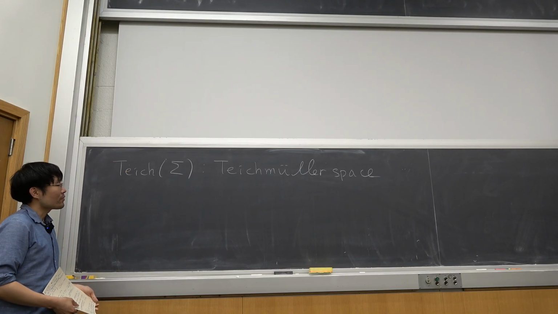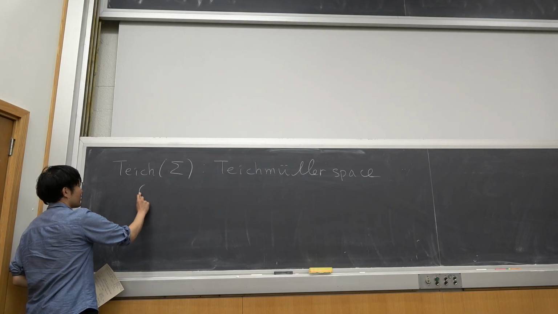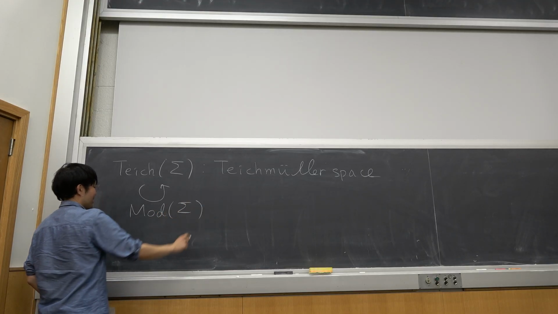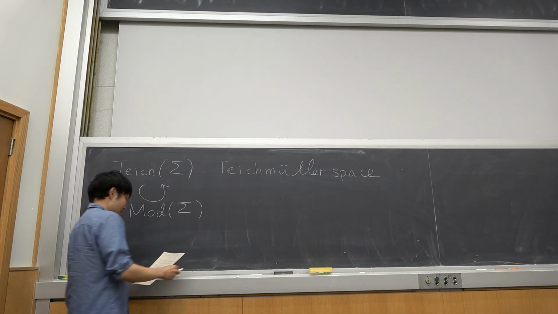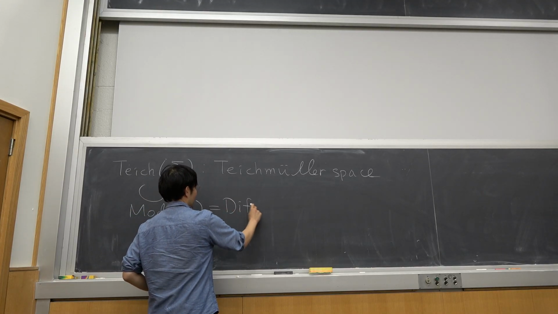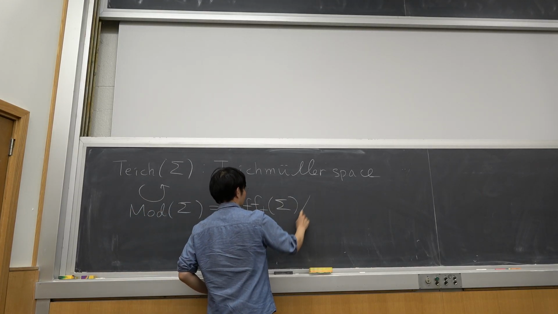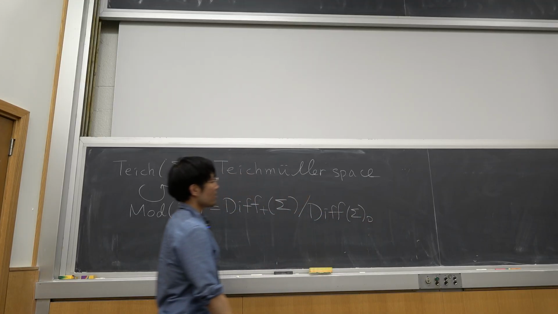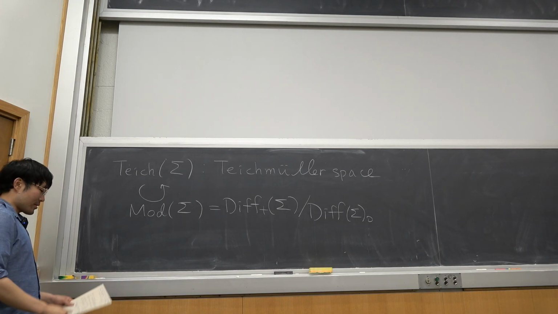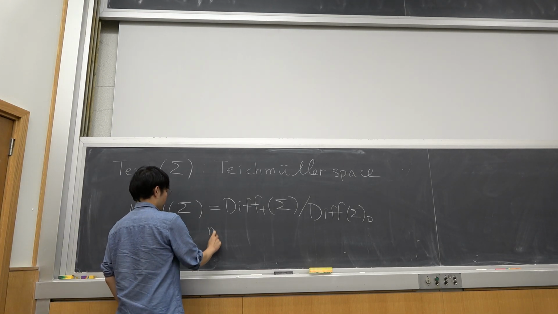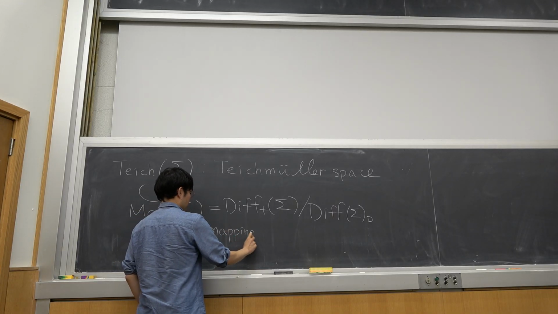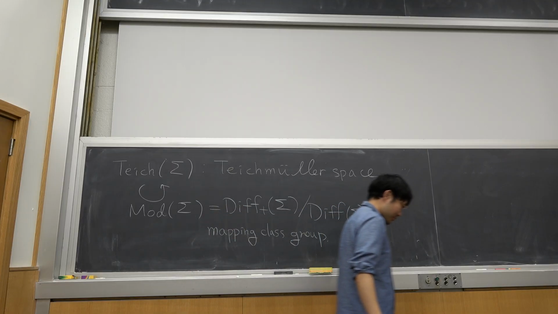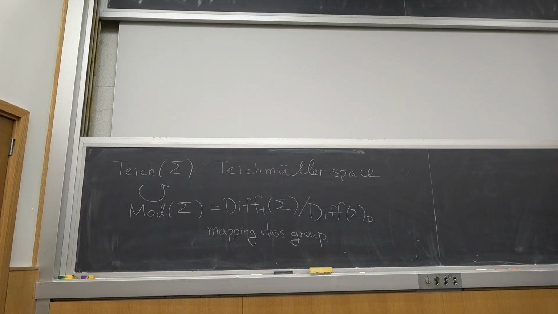So it's a smooth manifold with Weil-Petersson Poisson structure, and the symmetry group is the mapping class group. So let me write it as Mod sigma. So it's the usual mapping class group, orientation preserving self-diffeomorphisms up to isotopy. So it acts naturally on the Teichmüller space, preserving the Poisson structure that I'm interested in.